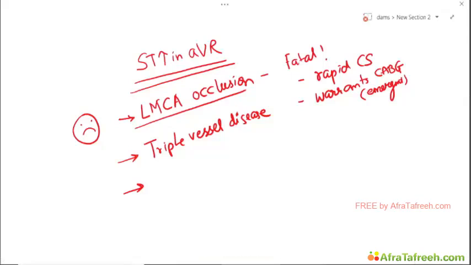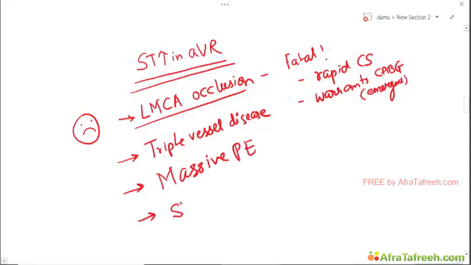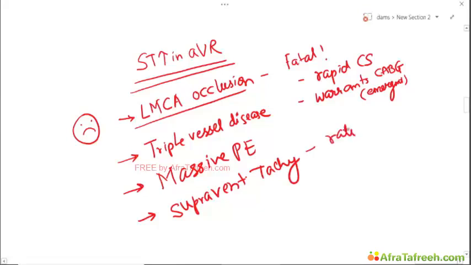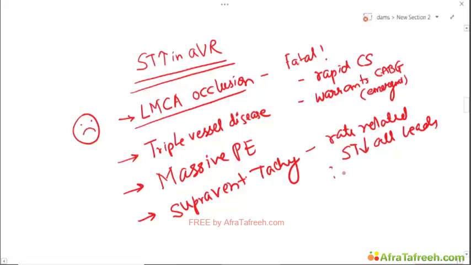Apart from this, patients with massive pulmonary embolism can have ST elevation in AVR. Patients with supraventricular tachycardia may have rate-related ST depressions in all leads, and ST elevation in AVR.